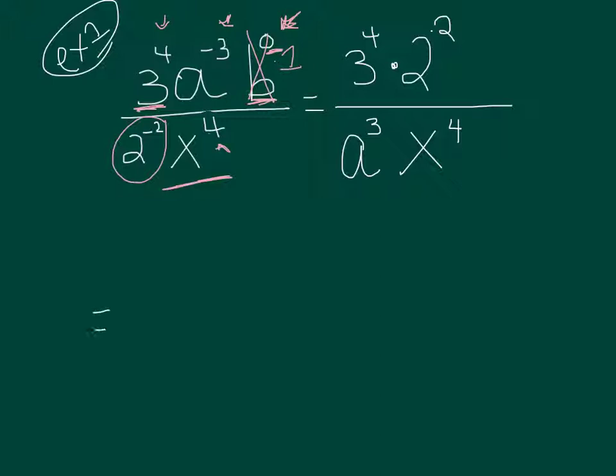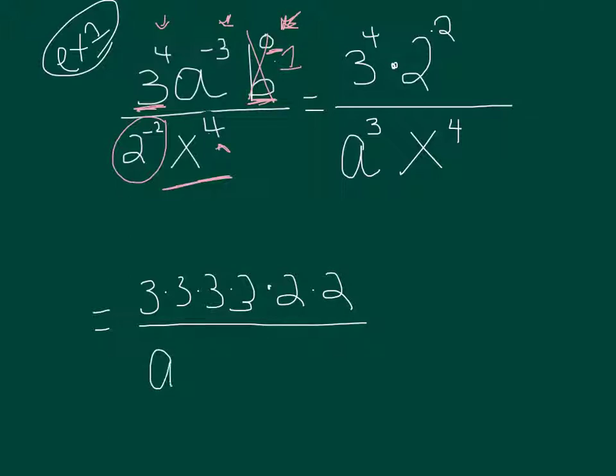Now let's simplify things that we can do. 3 to the 4th is just 3 times 3 times 3 times 3. And then 2 squared is just 2 times 2. The denominator are variables, and since I don't know what they are, I can't simplify it anymore.